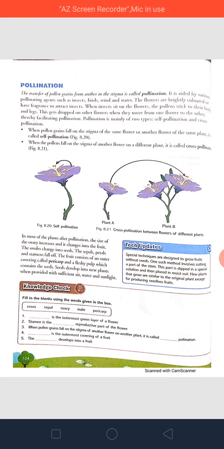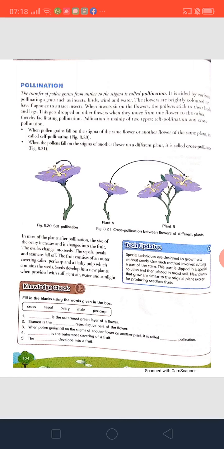And very important is the petals, because petals are the very colored part of the flower. What is the function of petals? Because they are brightly colored, and because of their fragrance, insects are attracted towards the flowers, so insects and other animals help in pollination.